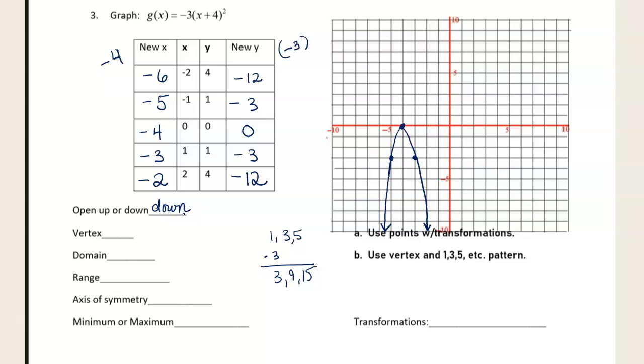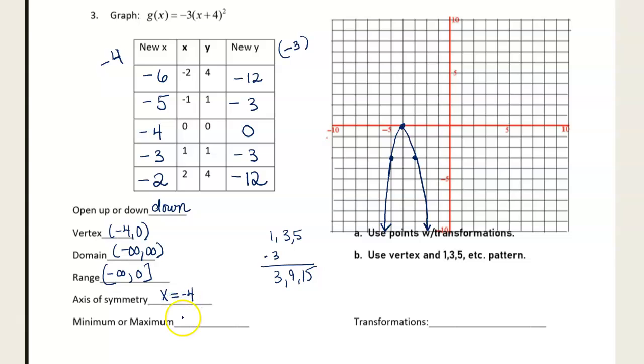Your vertex is the opposite of h, k. There's no k, so it's 0. Your domain is negative infinity to infinity, as always with parabolas. Remember when we do the range, it's lowest to highest. So our lowest point here is negative infinity, and then our highest point is 0, so we're going to bracket that. Axis of symmetry is x equals opposite of h.